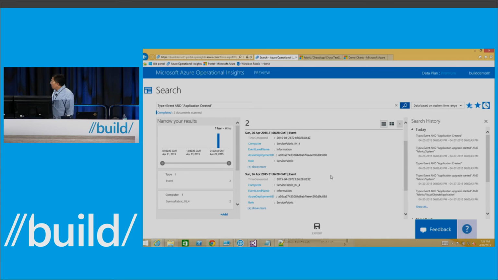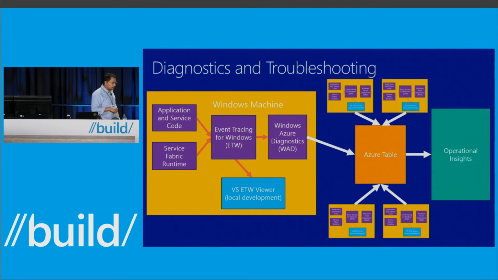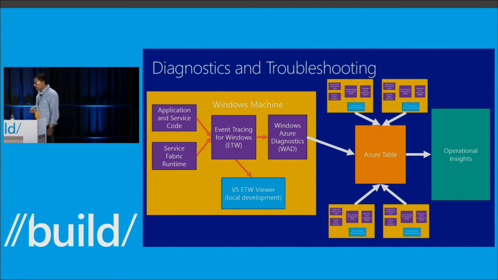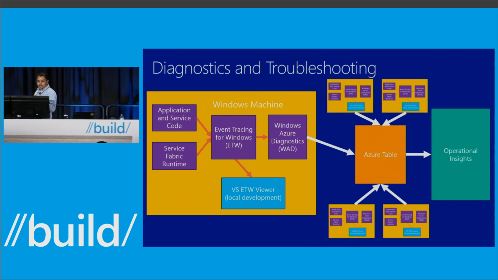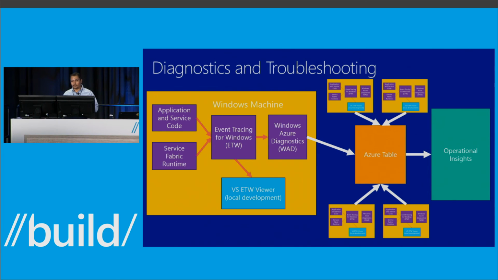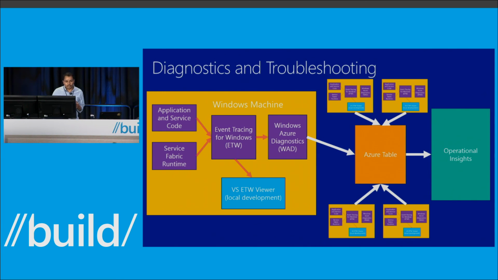Okay, let me go back to my PowerPoint very quickly. Let me see how much time I have. I have 3 minutes. Okay. So diagnostics and troubleshooting. This is a high-level workflow of how this truly works. In a distributed platform which has hundreds of machines, you can't expect all the events to flow one at a time.